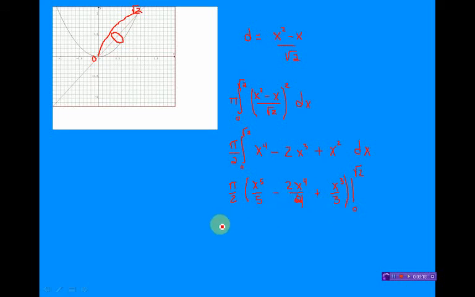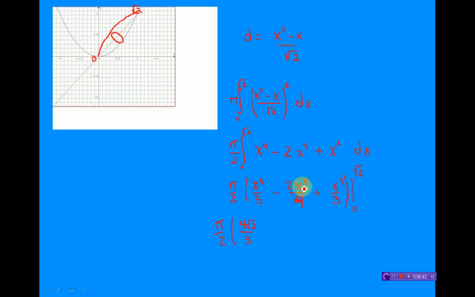Well, the 0 terms are just going to give us nothing, so I can rewrite this as pi over 2 times the square root of 2 to the 5th. Oh boy, what is that? Well, the square root of 2 to the 4th is just 2 times 2, which is 4, so it's 4 square roots of 2 over 5.